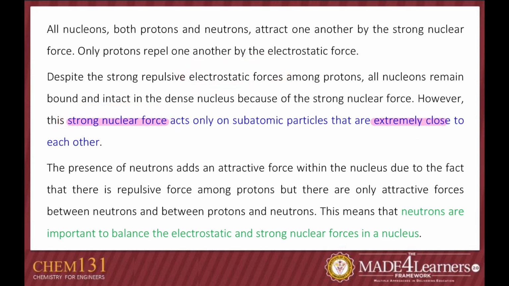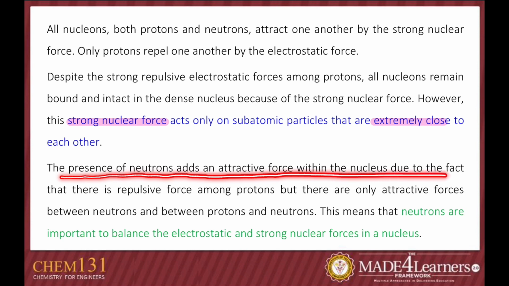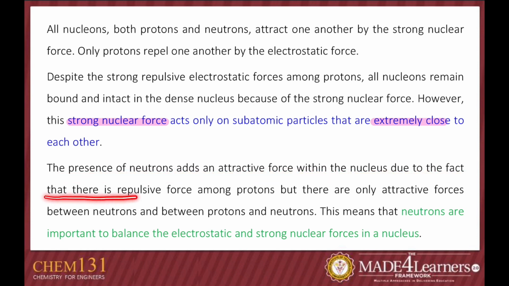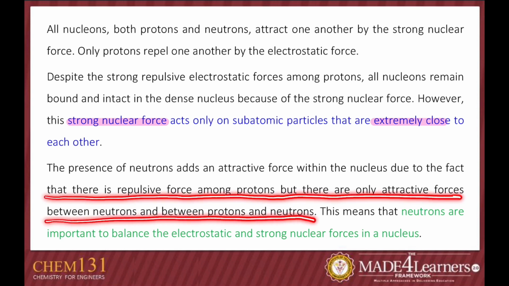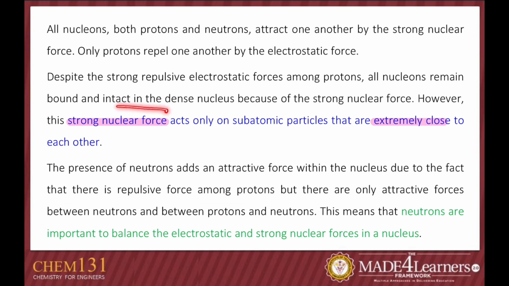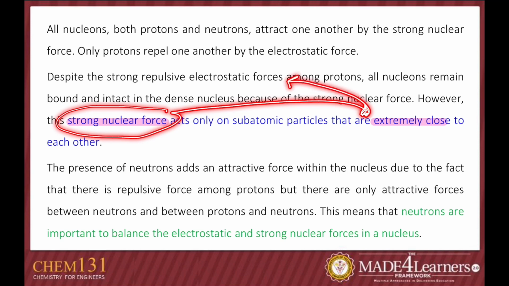Okay? So the presence of neutrons adds an attractive force within the nucleus due to the fact that there is repulsive force among protons, but there are only attractive forces between neutrons and between protons and neutrons. So, balik ko dire. Kani si nuclear force, mo act only siya kung they are extremely close. Diba? Kung layo sila, like for example, duha ka proton, mudaog si electrostatic force.